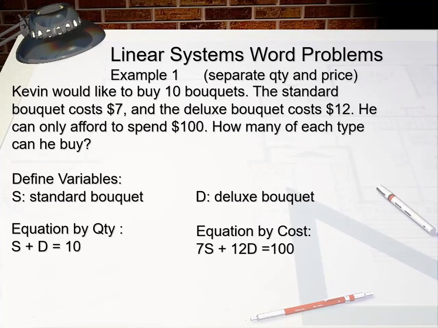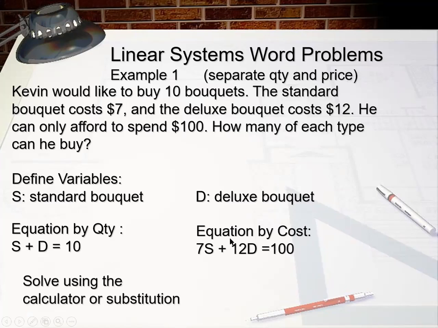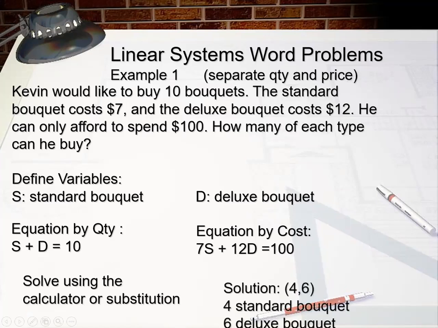So now we can go in and solve. You have a choice that you could either use the calculator or you could use substitution. When you use either one, you get a solution of 4, 6. That means he can have 4 standard bouquets and 6 deluxe bouquets.